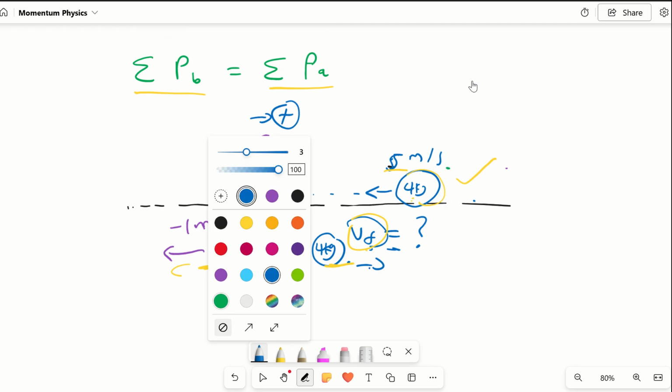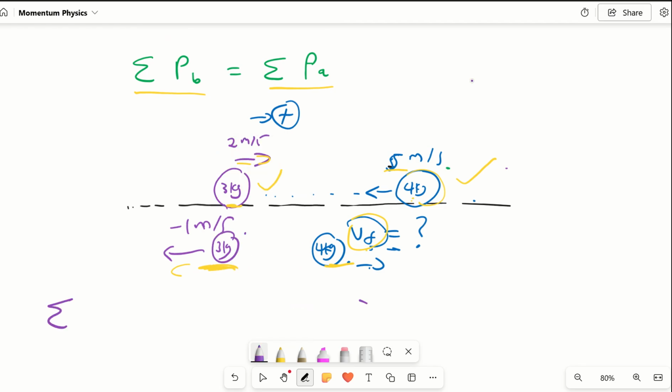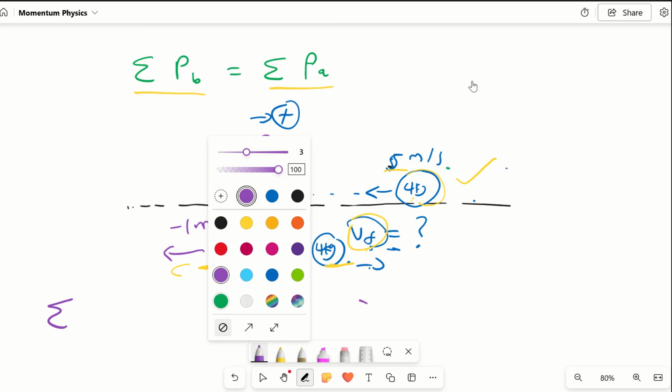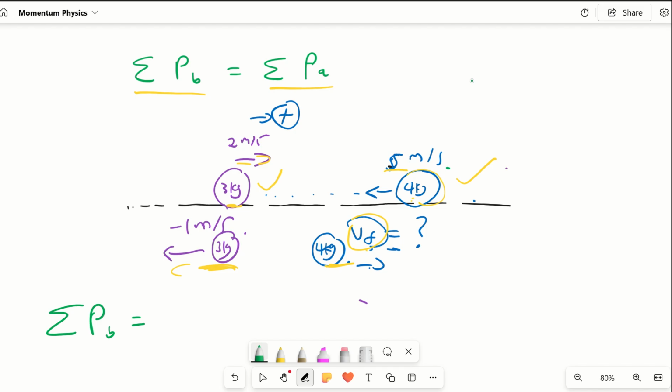Let's first find the total momentum before. Total momentum before will be equal to the momentum of the first ball, M1 V1, that's just the momentum MV of the first ball, plus the momentum of the second ball, M2 V2.